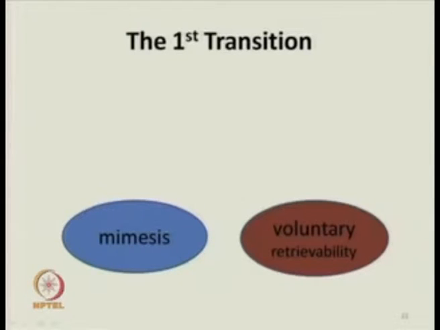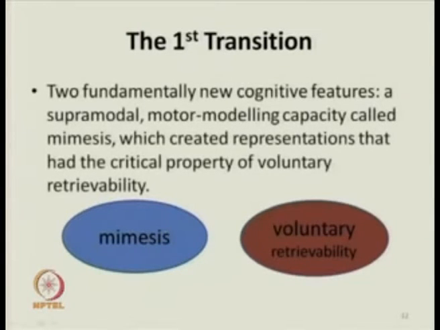So the first transition therefore involved two things: mimesis and voluntary retrievability. Voluntary retrievability is something we saw that apes do not have. So we developed something called auto cueing, that is cueing without the need for any cues, that is auto, self, right? So we developed a voluntary retrievability because of selection pressures, and also mimesis.